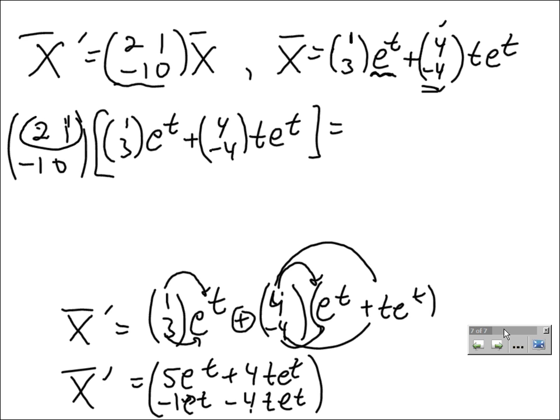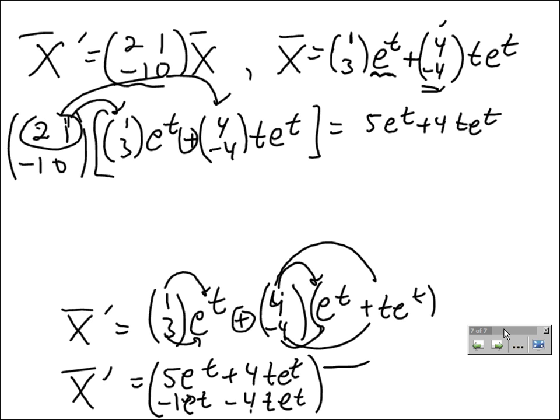When you multiply this first row by that matrix, you get 5 e to the t. Plus, when you multiply those two matrices, you get 8 minus 4, which is 4, plus 4t e to the t. Exactly this top row.